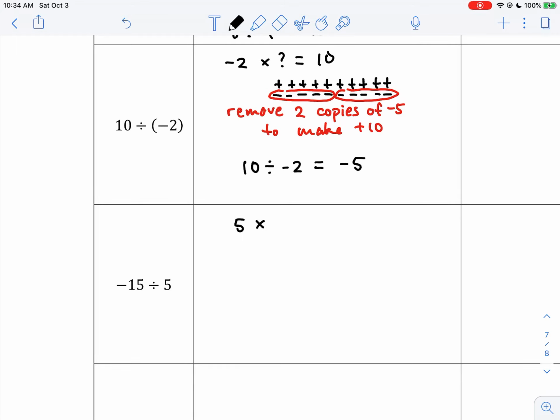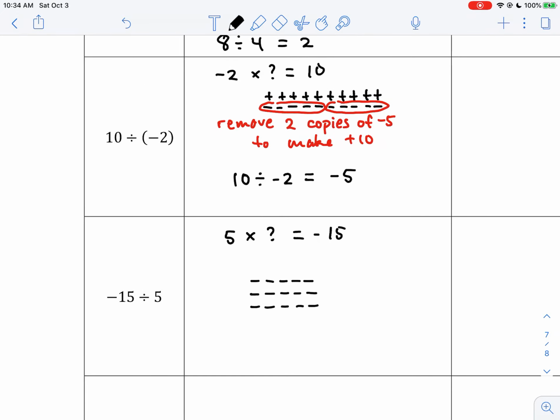Next one. Here we're saying, okay, 5 copies of what make negative 15? So now, when we have a positive multiplier, we're combining copies. So we can just start with a representation of negative 15. There's no removing happening, so we can just say, okay, negative 15 is, I'll do it in groups of 5, I'll make it easier. There's negative 15.